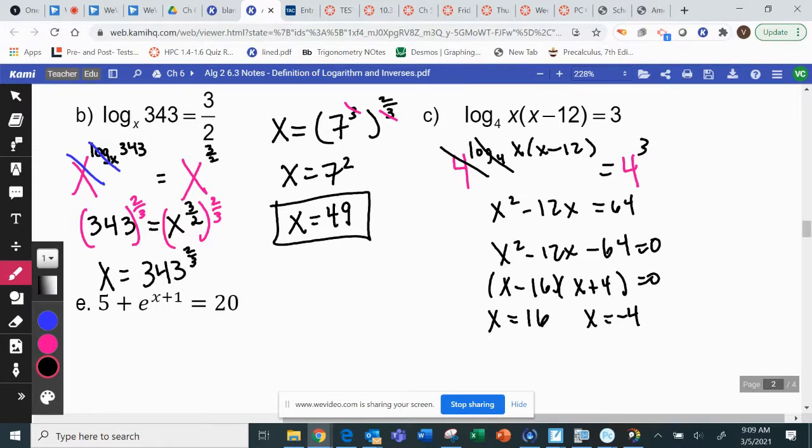What happens if I put negative 4 into this x? What will I get? Will I get a negative number? What, Sierra? It'll be positive because I'll end up having a negative times a negative and it'll be fine. Okay, just want to double check. So we have two answers for this, negative 4 and 16.